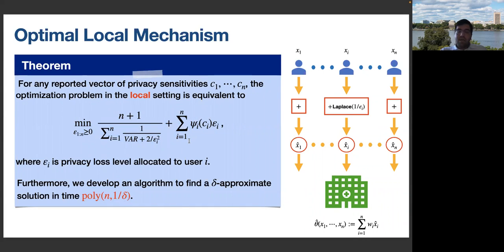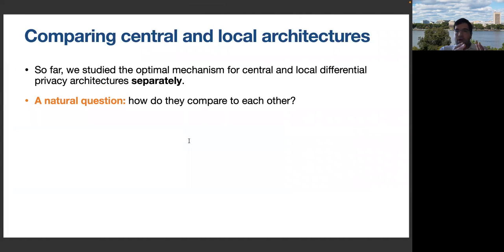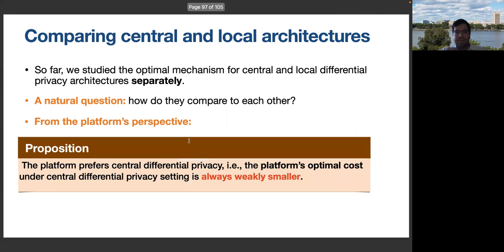Okay, so for the last part of the talk, so far I talked about the optimal mechanism design problem for the central and local cases separately. One natural question is how do they compare to each other? To answer this question, you need to answer it from the perspective of the platform and the users. From the perspective of the platform, what we show is that the platform always prefers central differential privacy.